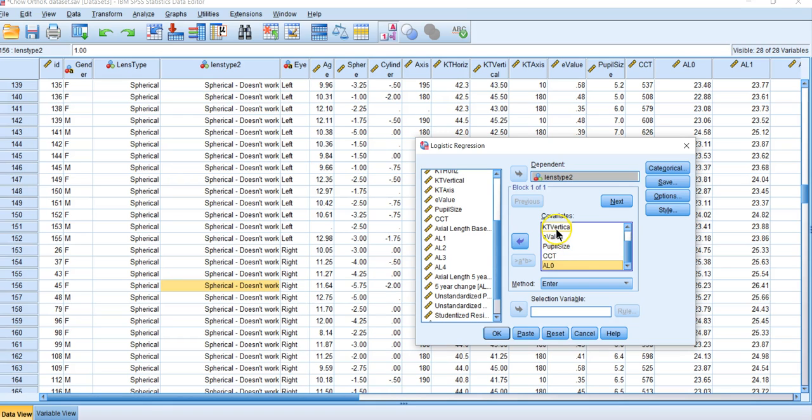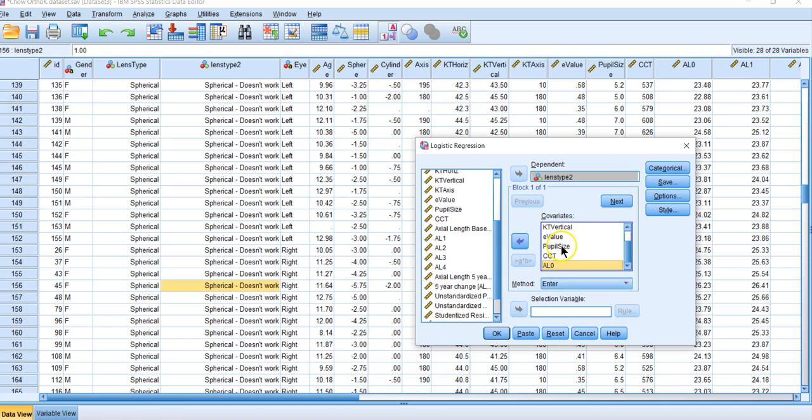We want to adjust for baseline axial length, but we want to see which of these factors is good at predicting which lens they were. So it's kind of a little bit of a backwards regression equation, because we have these variables, and now we're going to use them to predict whether or not the spherical lens would work or not. I guess that's not backwards.